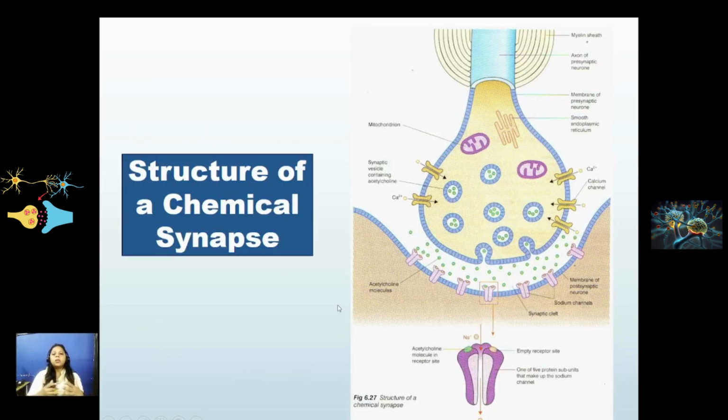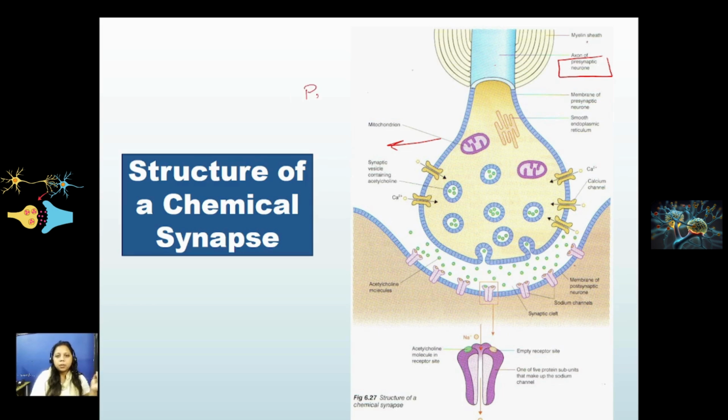So first of all, the structure of chemical synapse, as you can see over here. Let's name the two neurons. So let's say this one is the first neuron, so we call it a presynaptic neuron. It's an axon, and this one is the route from where the messages are going to conduct.